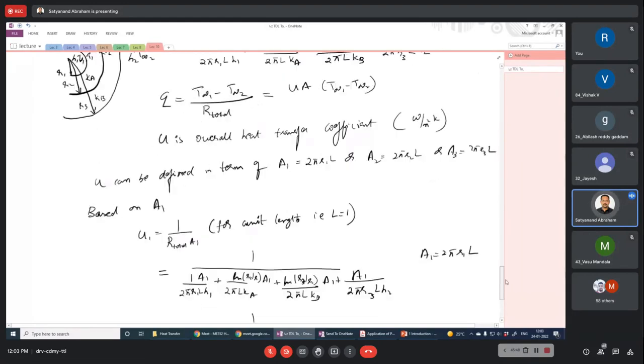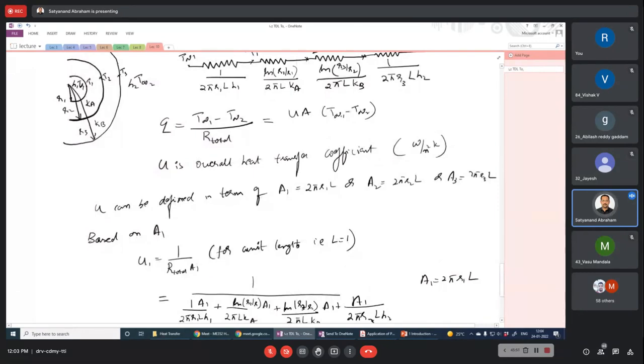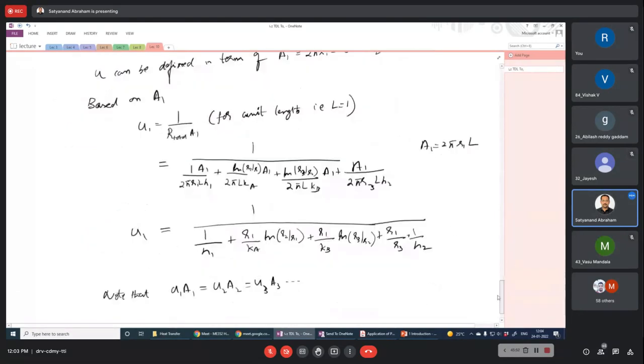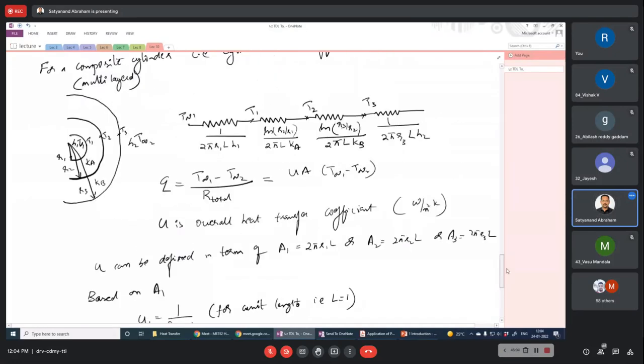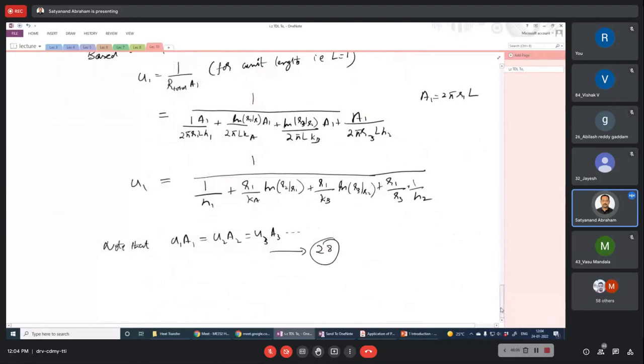Then only our basic equation, Q equals UA times T infinity 1 minus T infinity 2, will be satisfied. So that's how you can make use of this thermal resistance analysis for the cylindrical system without heat generation.